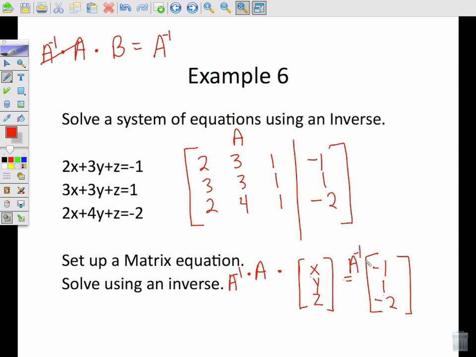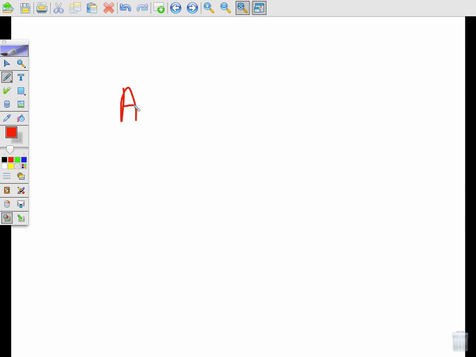So what I need to do is multiply both sides by the inverse of matrix A, and it does matter the order of multiplication. So we need to do this. Find the inverse of matrix A using your calculator, and then multiply it by matrix B, and matrix B is this.